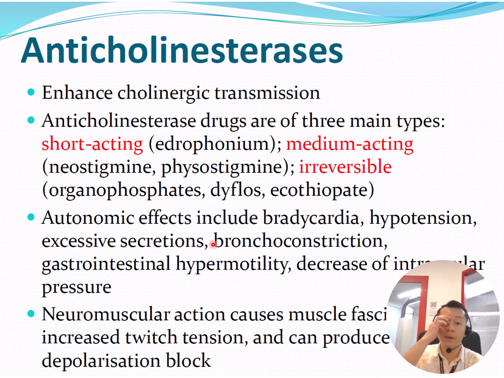The reason why is because they ramp up all your parasympathetic response. So at the neuromuscular junction, they can increase the twitch tension and can cause a depolarization block if your acetylcholine builds up too much.